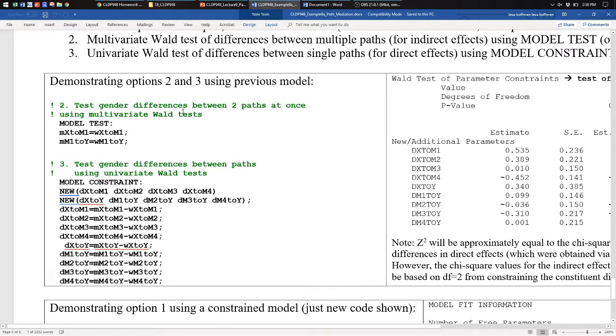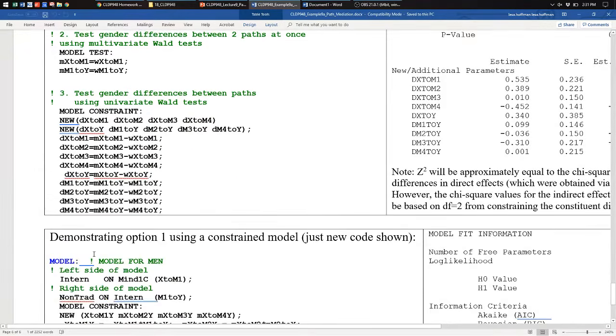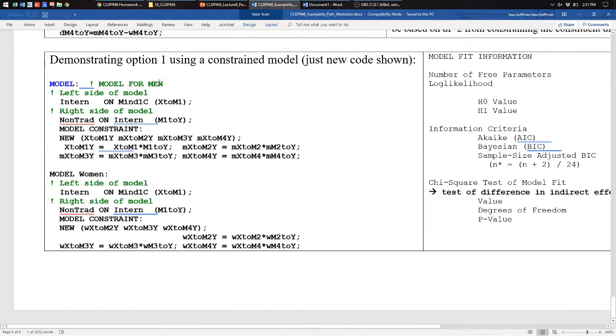So for instance, if I wanted to test gender differences in the indirect effect from X to M1 to Y, then I end up with the same, let's see here, this one is the difference. We can do it that way. This one is testing the differences in the paths directly. This one down here uses the syntax version that you know.